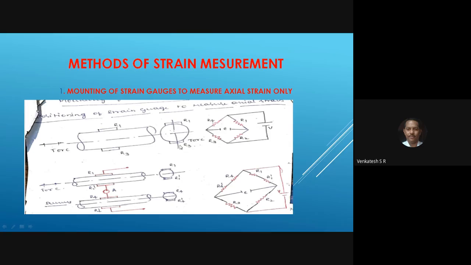All of you observe here in the side view, this is R1 and this is R3, and connect R1 and R3 by using the Wheatstone bridge. Before that, adjust the bridge to null balance, and afterwards apply the load, in tension or compression, on the shaft, then measure the strain.